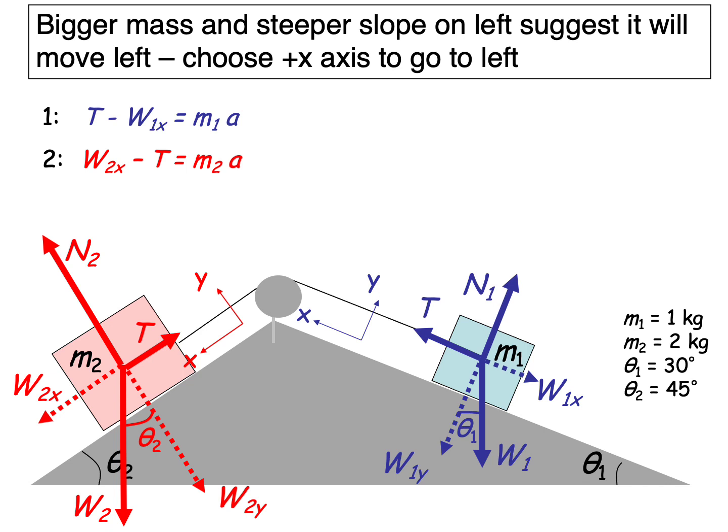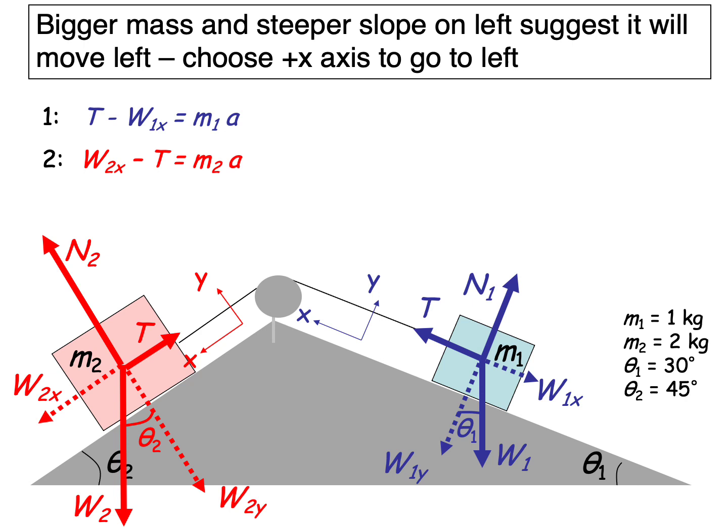And what we get is T minus w1x. So T is going in the positive direction for this block, and w1x is going in the negative direction. That's the x component of the weight of block 1, equals m1a. And for the red block, we have that the weight of the red block is going in the positive x direction.